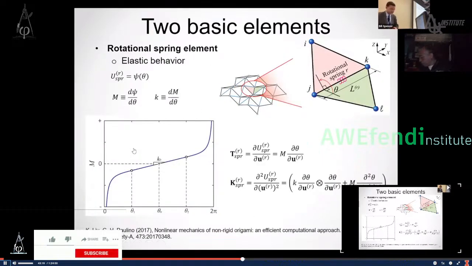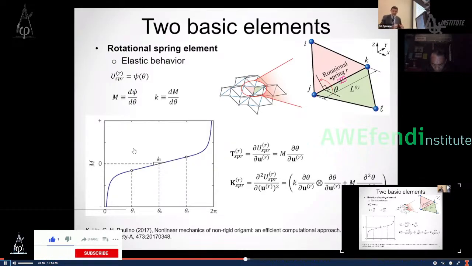And a very important behavior is the behavior of the rotational springs. And here we use a similar approach as before with a strain energy for the rotations, and then we do a derivative, get the moment, another derivative, get the tangent stiffness, and we introduce some penalty here close to 0 and 2 pi, because with origami we need to be able to capture the angles when the dihedral angle is 0 and 2 pi.